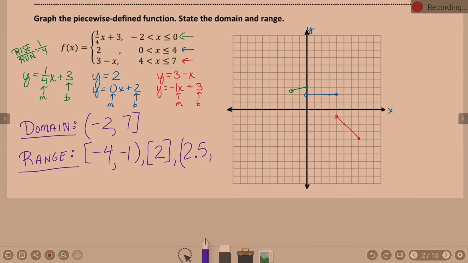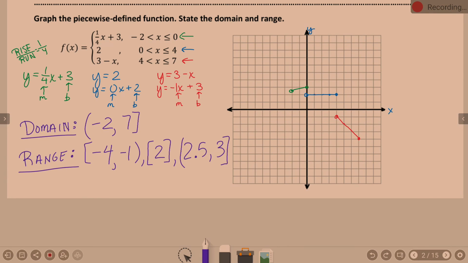How high does it go? 3. A height of 3. And what do we notice about that dot at 3? Bracket, because it's filled in. Okay. Those are the pieces you have to work for. Questions?